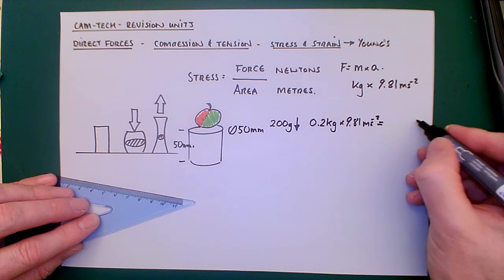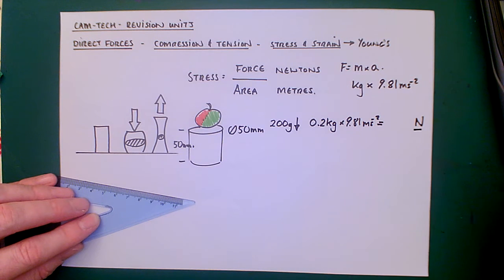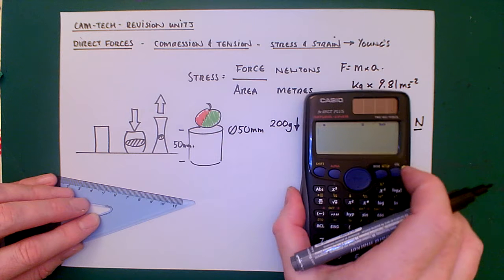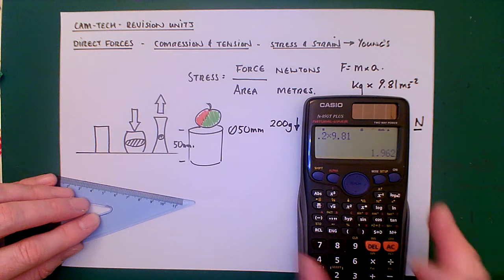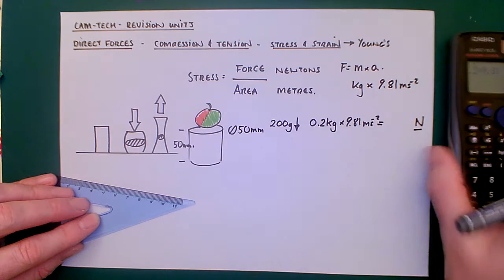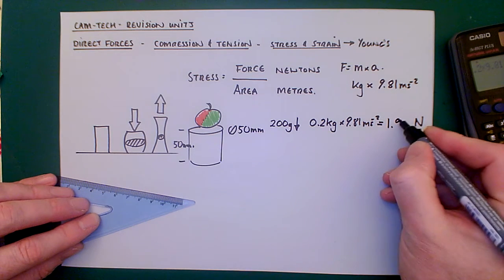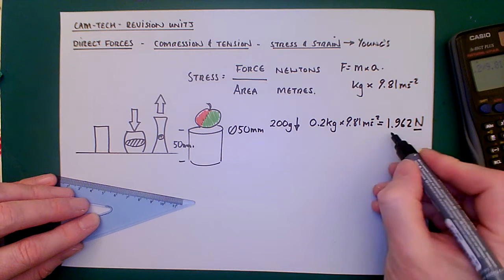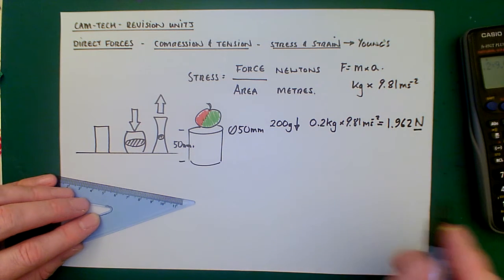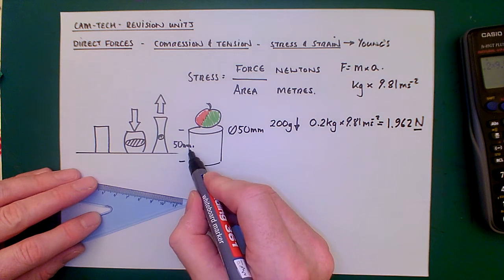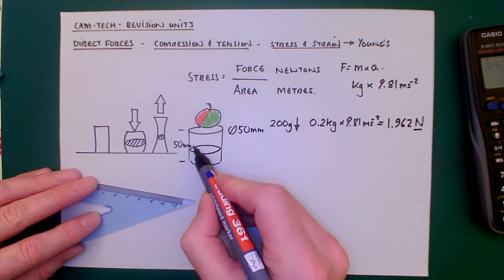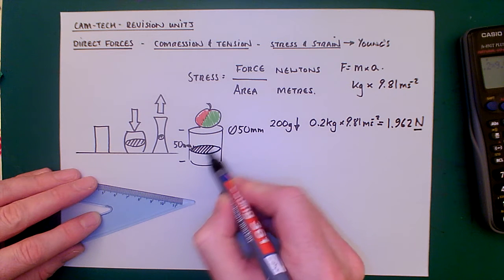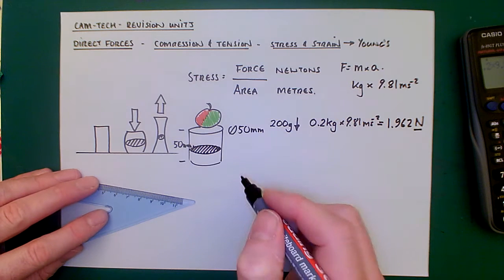It gives a force in newtons of, just so you can see it, 0.2 times 9.81 equals 1.962 newtons. Now that 1.962 newtons is acting over that cross-sectional area.